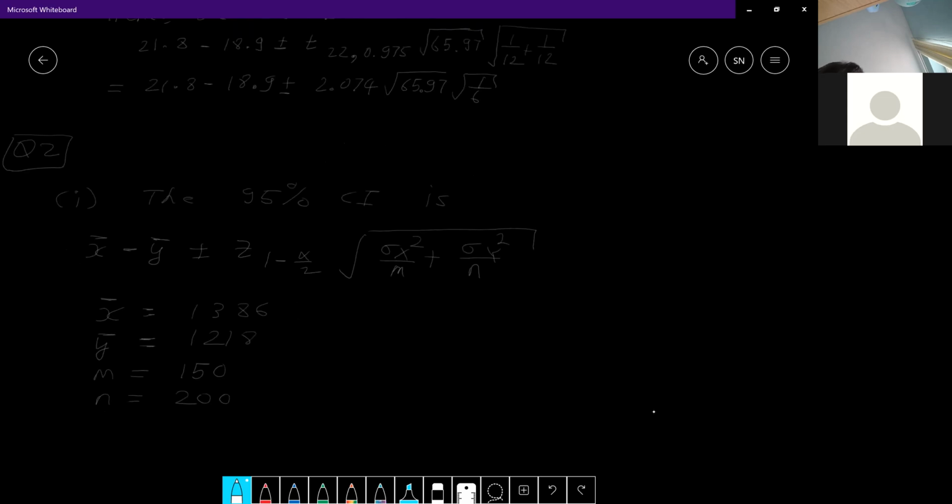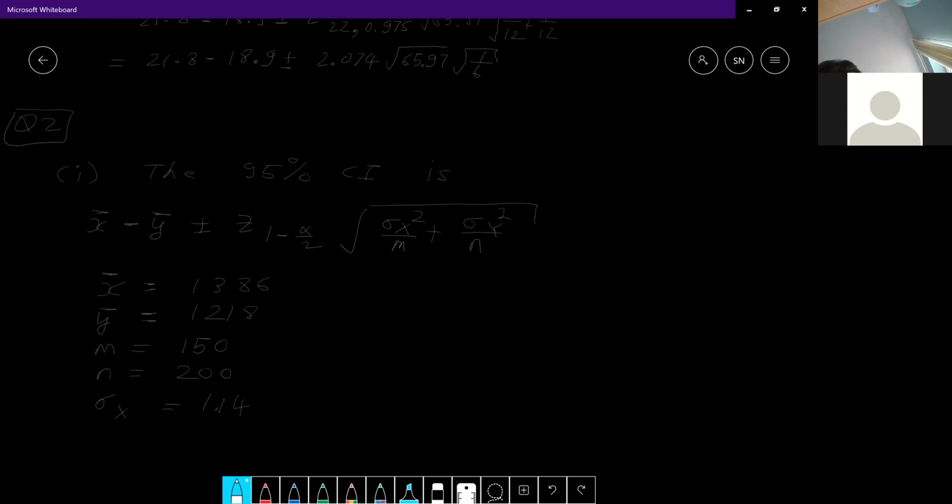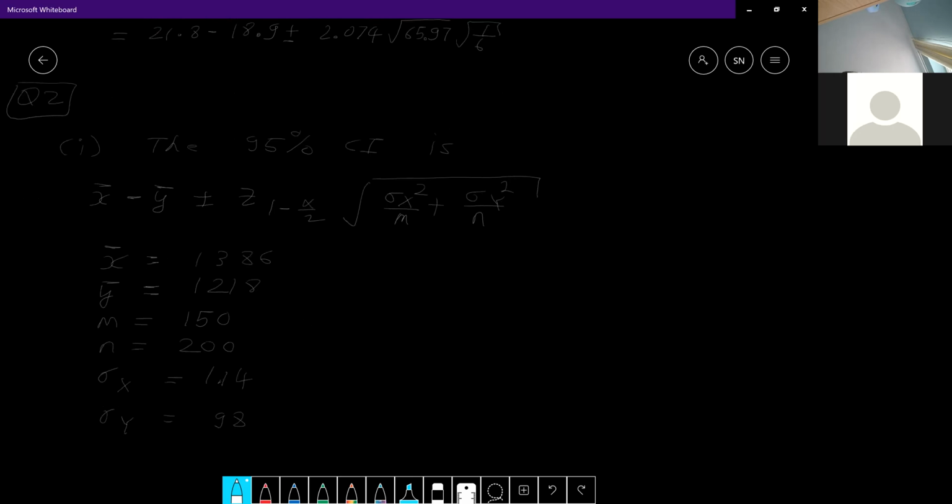And sigma x squared, sigma y squared are the population variances. Sorry, without the square, sigma x is 114, and sigma y, the population standard deviations, is 98. So this is all given to you.